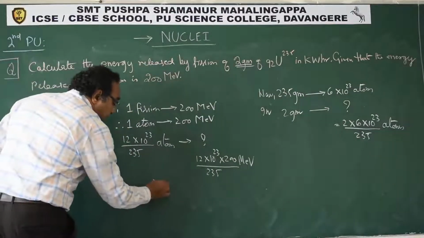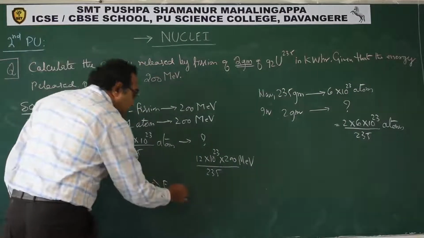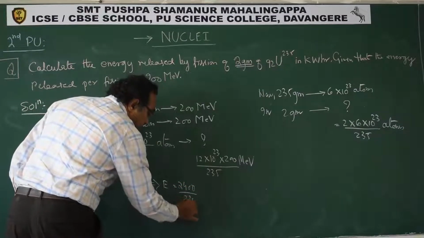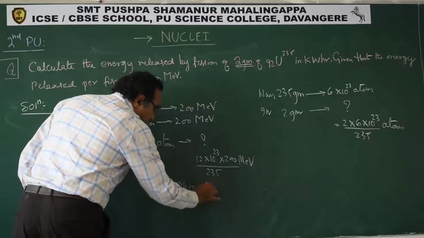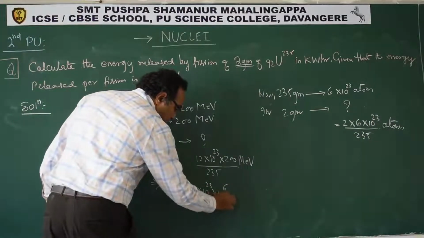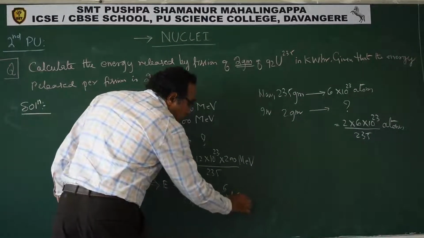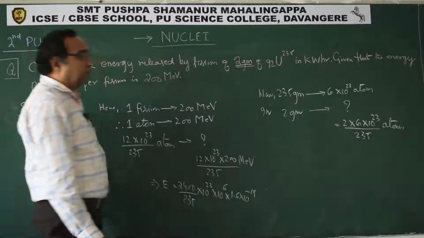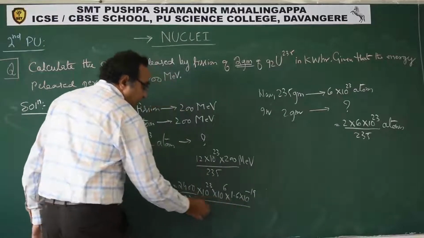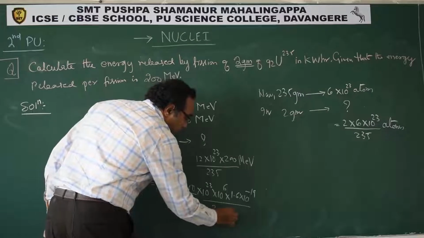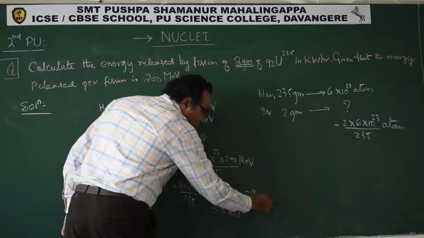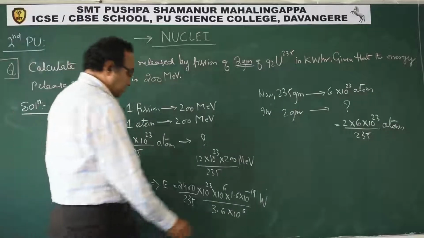So we can say E is equal to 2400 by 235 into 10 power 23 million electron volts. So it is 10 power 6 and 1.6 into 10 power minus 19. This we get in joules, divided by 3.6 into 10 power 6. This you will get as kilowatt hour.